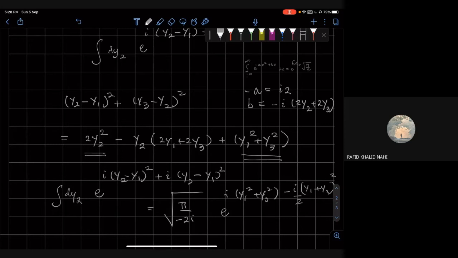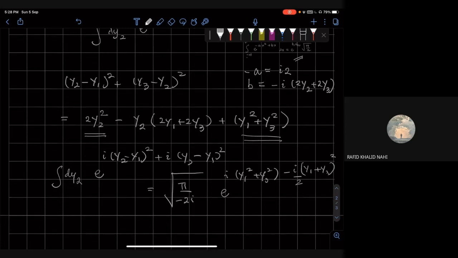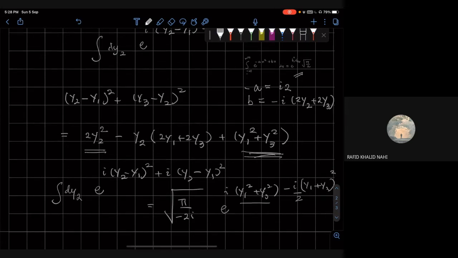So this term was already there. For this term, what we have is b squared by 4a. So b squared is going to give me a minus sign here, and then we get the square of this.